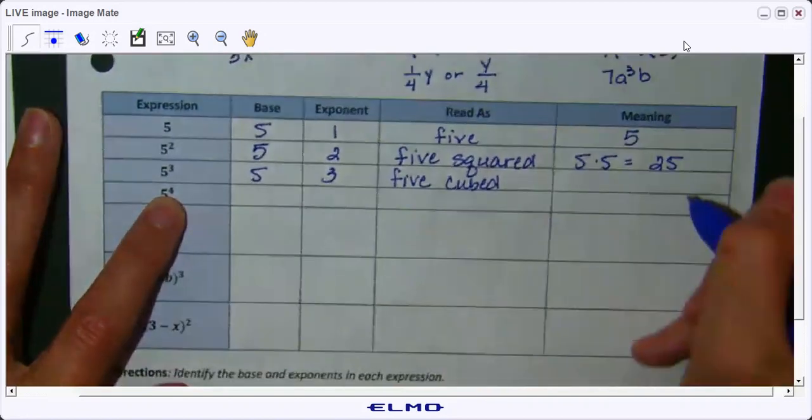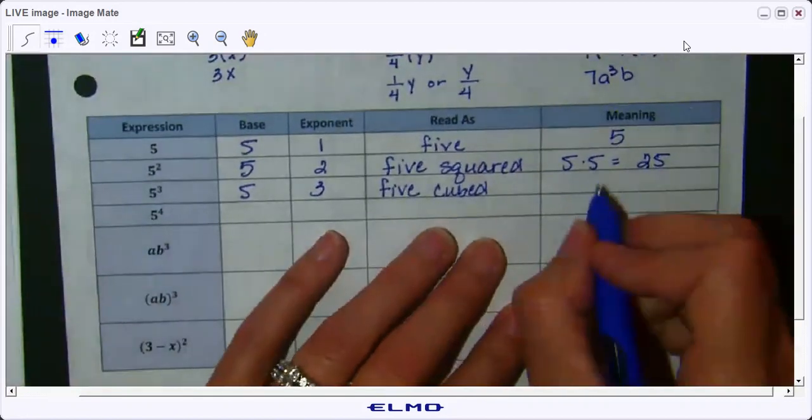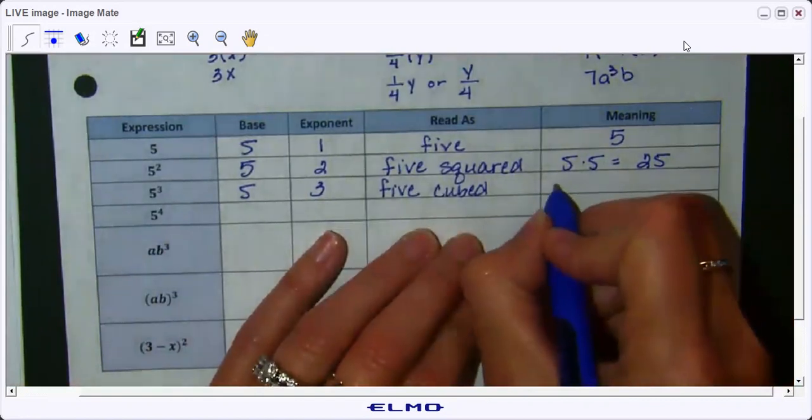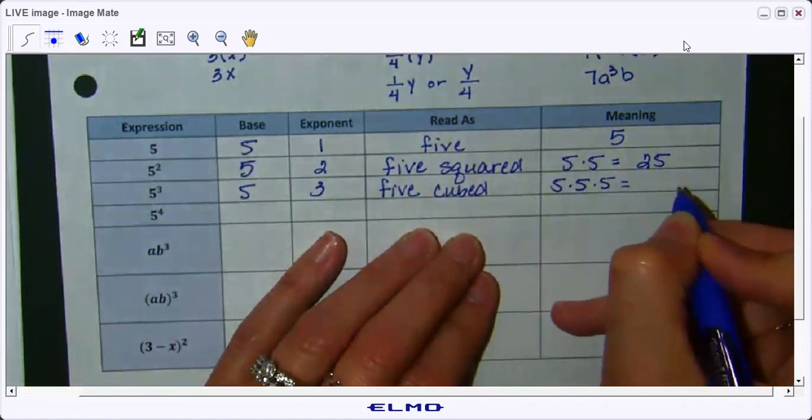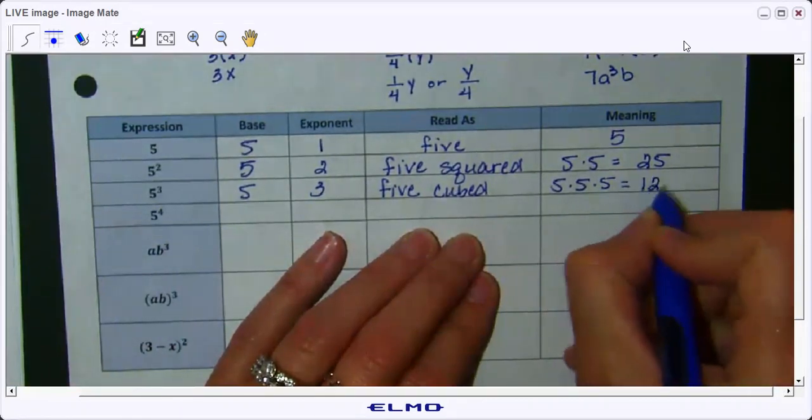And it equals 15, right? No. Good. 5 times 5 times 5 equals 125. Good job.